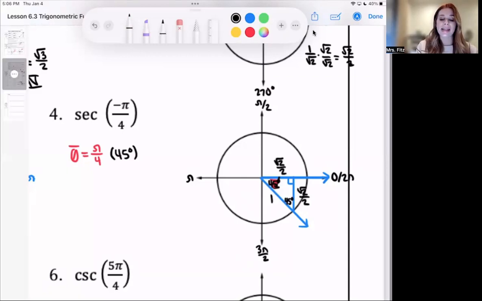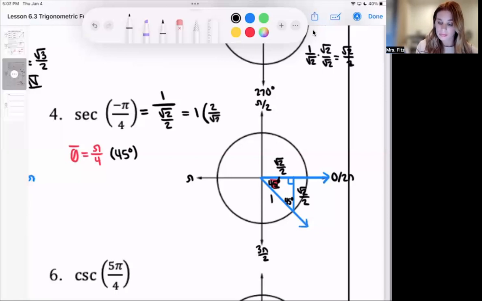All right, secant. It's the reciprocal of cosine. So instead of adjacent over hypotenuse, it's going to be hypotenuse over adjacent. Now, all students take calculus. It looks like it's going to be positive because cosine and secant are positive. So hypotenuse 1 over adjacent, which is root 2 over 2, we can multiply by the reciprocal.